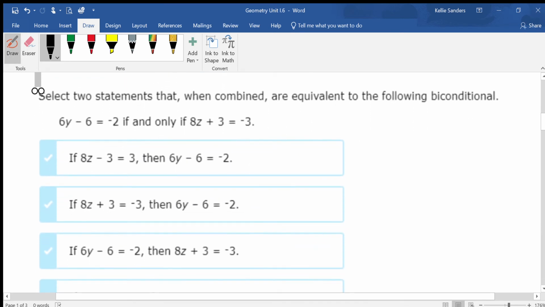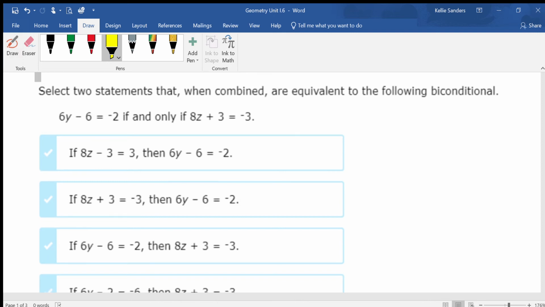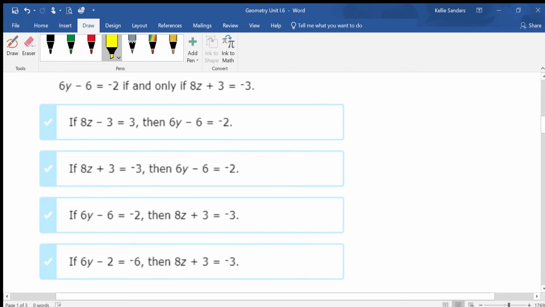Okay, select two statements that, when combined, are equivalent to the following conditional. So pretty much what you're looking for on this, let me get the other one on screen.